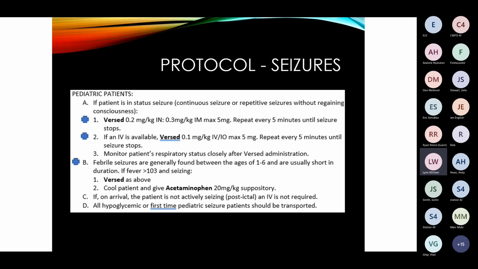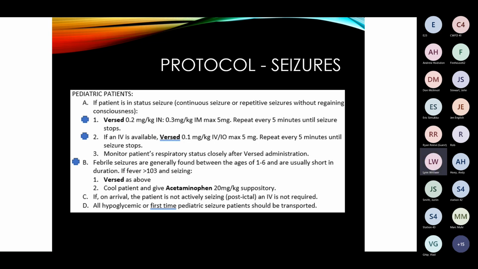If the fever is greater than 103 and seizing, give the Versed and then cool the patient. Give the Versed before you give the acetaminophen. If on arrival the patient's not actively seizing, you don't need an IV, and if they're just postictal, awake, they don't need the Versed.